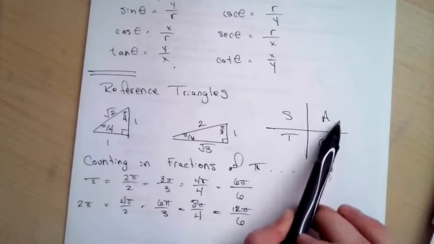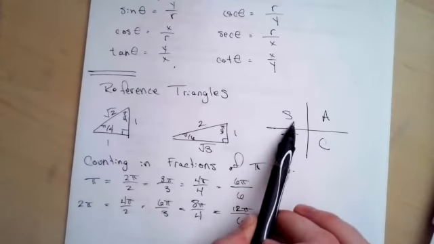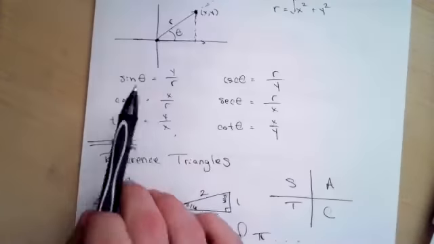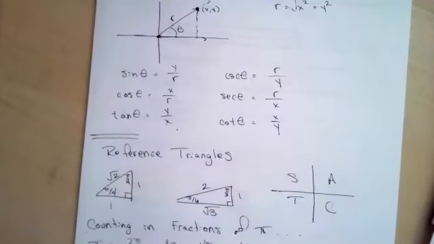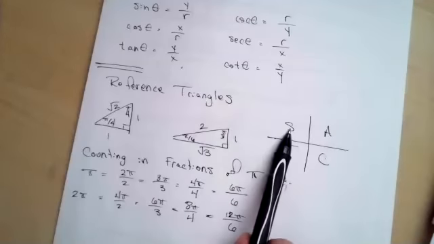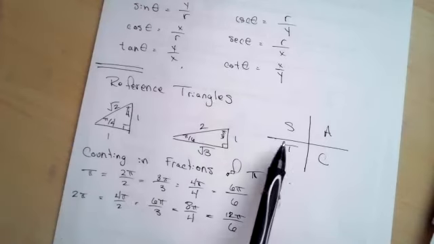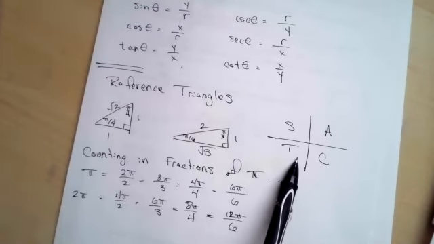So all the trig functions are positive in quadrant 1. Only sine is positive, and the reciprocal of sine. So sine and cosecant are going to go hand in hand since they are reciprocals of each other. So cosecant is 1 over sine. So sine is going to be positive. Tangent and cosine are negative. Likewise, here, sine and cosine are going to be negative in quadrant 3.